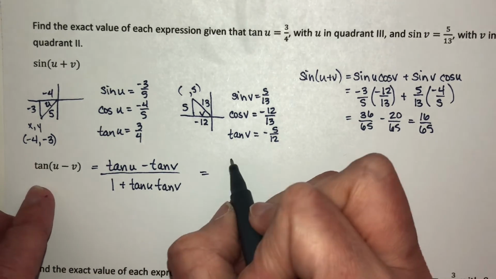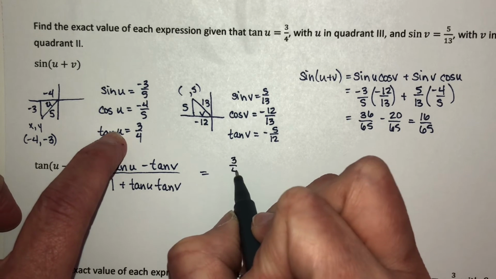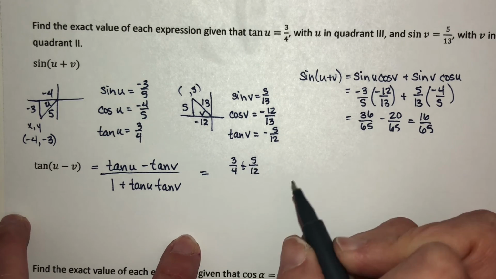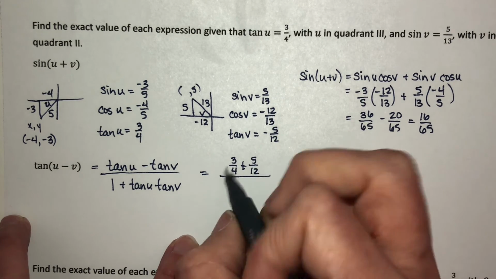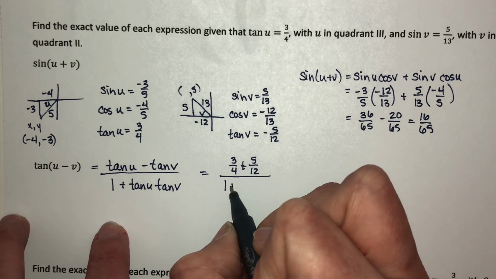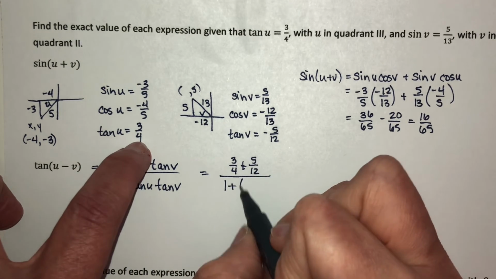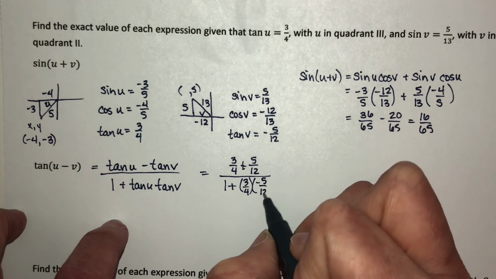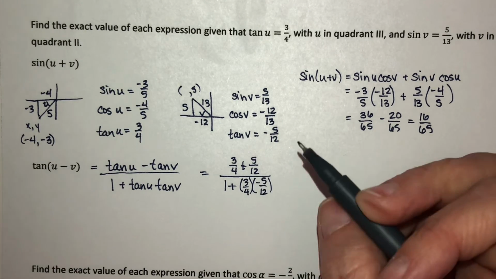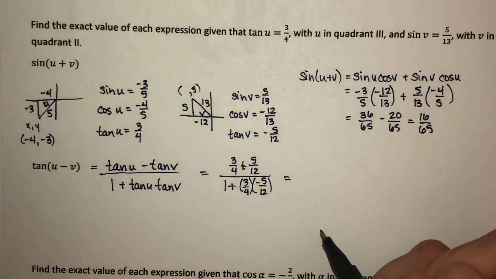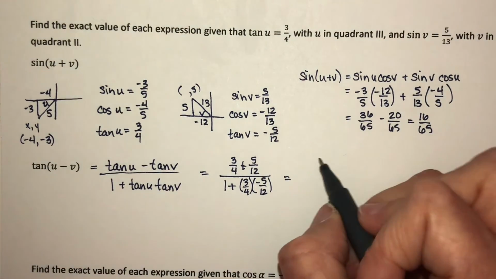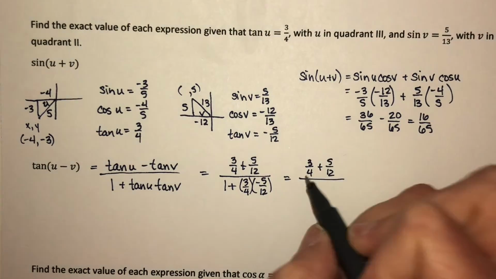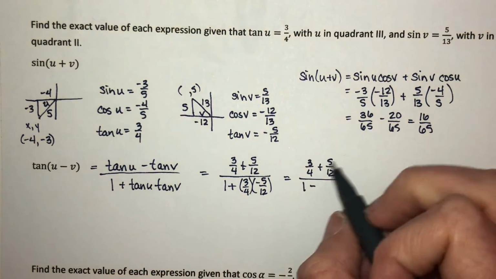So I have 3/4 minus a negative 5/12 over 1 plus 3/4 times negative 5/12. Okay, so we have 3/4 plus 5/12 over 1 minus 15 over 48.